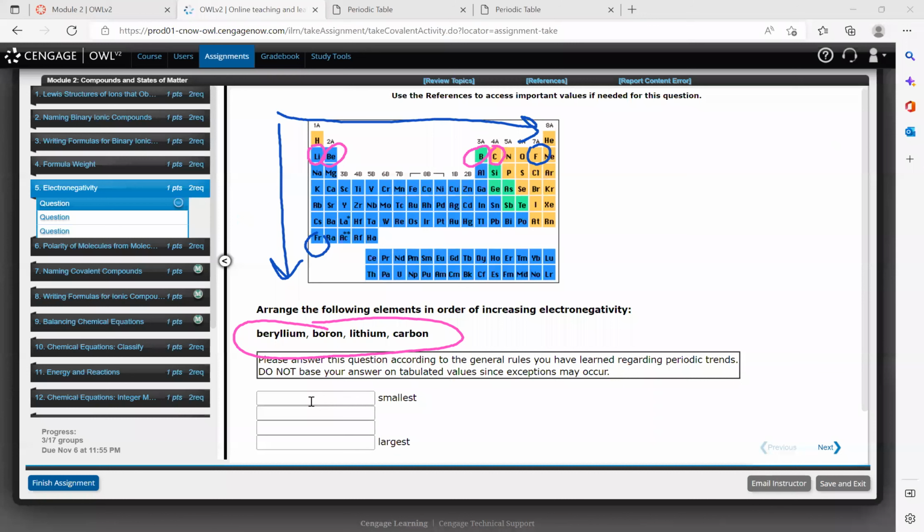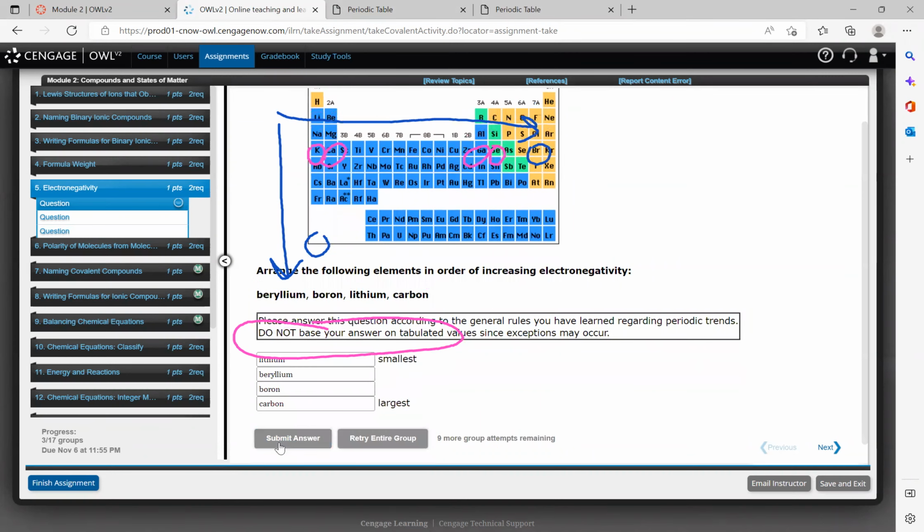So lithium would be the smallest, then beryllium, then boron, and finally carbon. Then we can submit our answer and we are good to go.